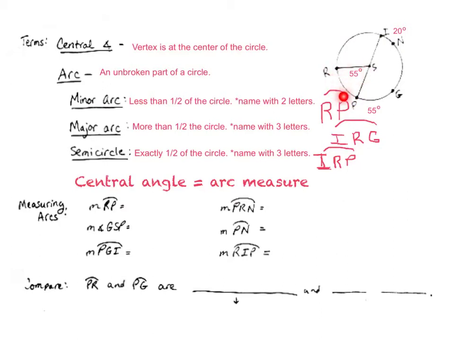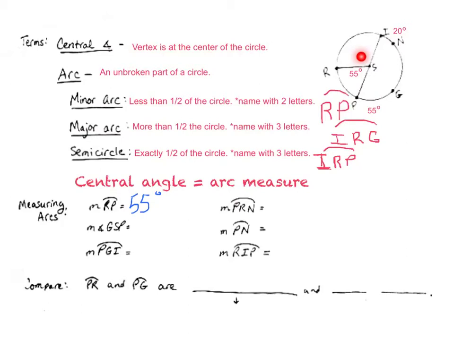So then our arc is 55 degrees. We just have to do that all the way around. If that's 55 degrees, we know this here is 180 degrees. 180 degrees is our best friend when we're talking about circles.